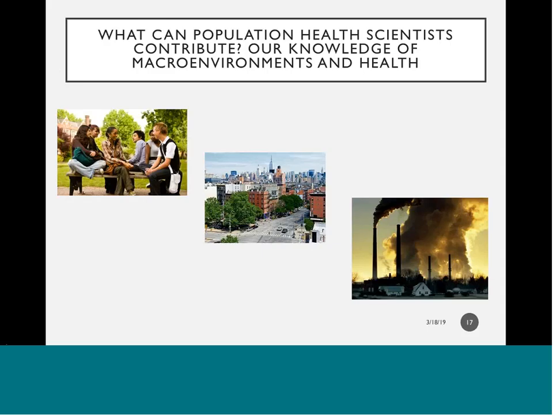But in addition to that, population health scientists have also spent decades developing huge bodies of research around what I'm going to refer to as macro environments on health and mortality. These are what we might think of as upstream factors. For example, social relationships, which I'm going to get into more later in the talk.